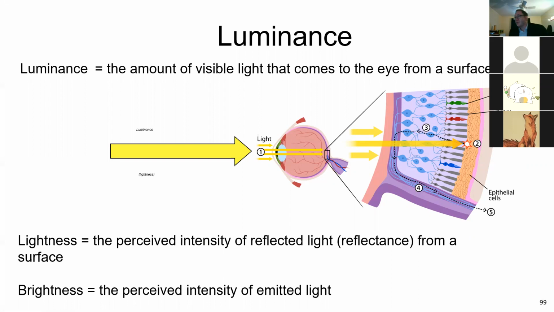Important points to bring up. We have lightness and brightness. It's just nice to say luminance. Luminance being the amount of visible light that hits your eye. Brightness is how bright a reflected light is. Lightness is how light intensity is. So something that is a white piece of paper is bright in the fact that if white light hits it, a lot of the light gets reflected.